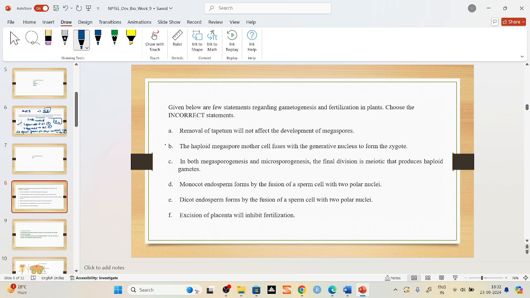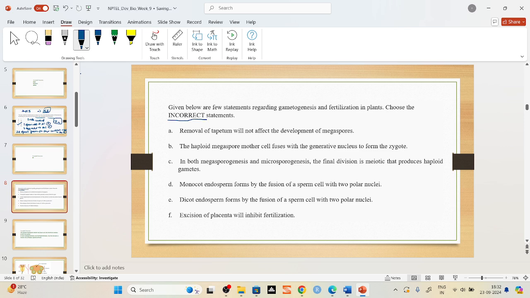Third: in both megasporogenesis and microsporogenesis, the final division is meiotic that produces haploid gametes. Next: monocot endosperm forms by the fusion of a sperm cell with two polar nuclei. Then: dicot endosperm forms by the fusion of a sperm cell with two polar nuclei. And the last statement: excision of placenta will inhibit fertilization. And we have to choose the incorrect statement. Not the correct one, the incorrect statement.